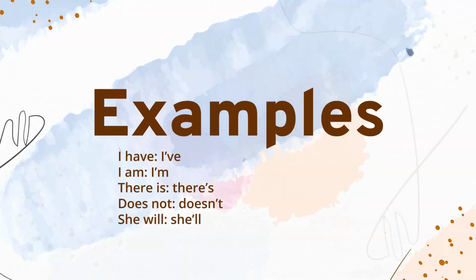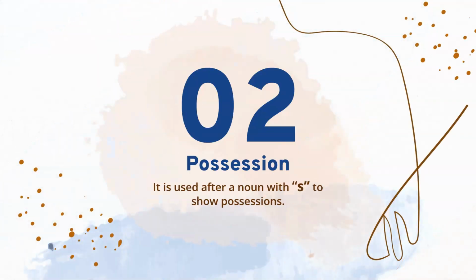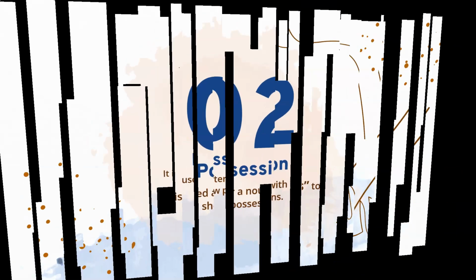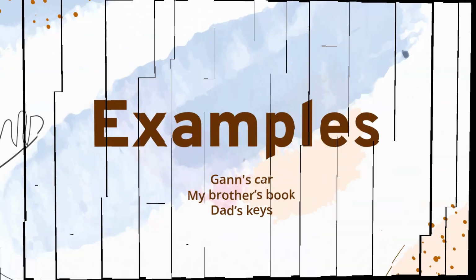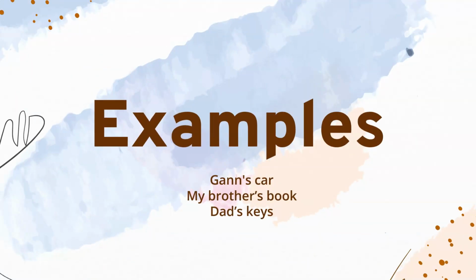Another rule is when we talk about possession, it is used after a noun with s to show possession. Like Gran's car, my brother's book, dad's keys.